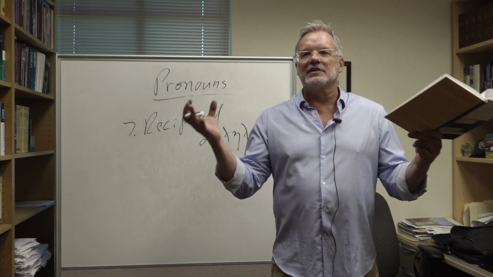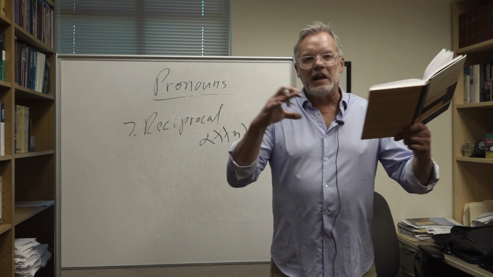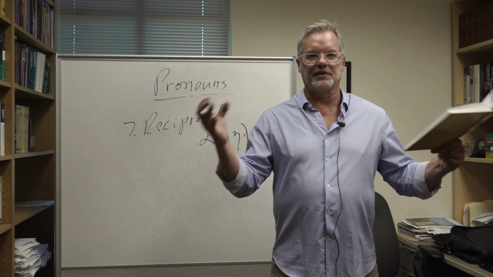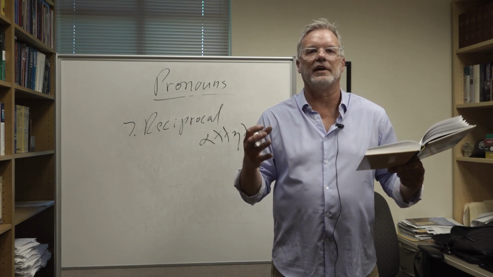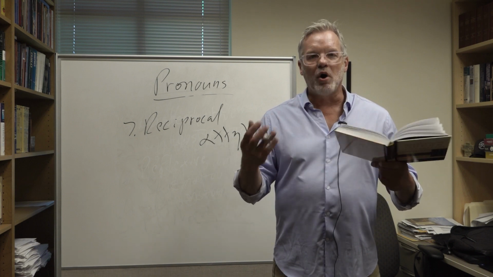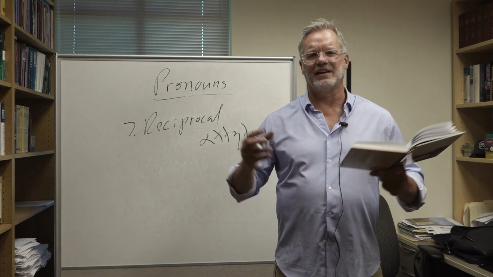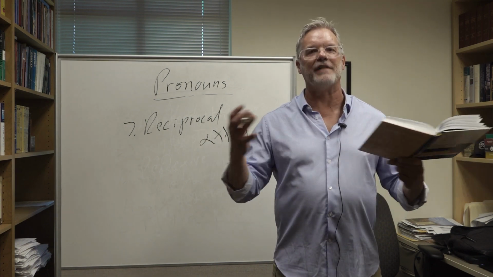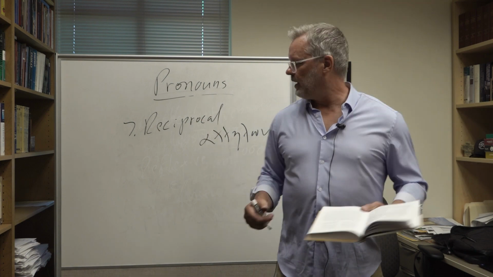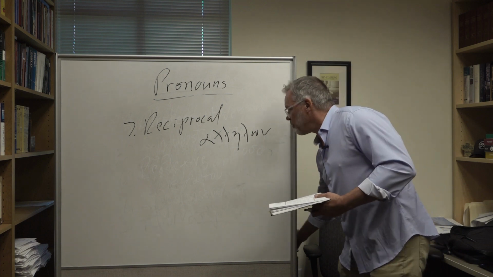An action is done, for example, within a mutual relationship between the subject. So usually we translate it one another. They spoke to one another. They spoke to each other, or something like that. It indicates an interchange of action among a group of people. So the reciprocal pronoun.